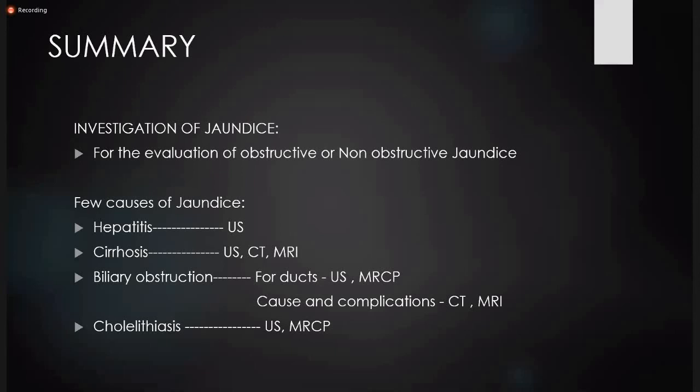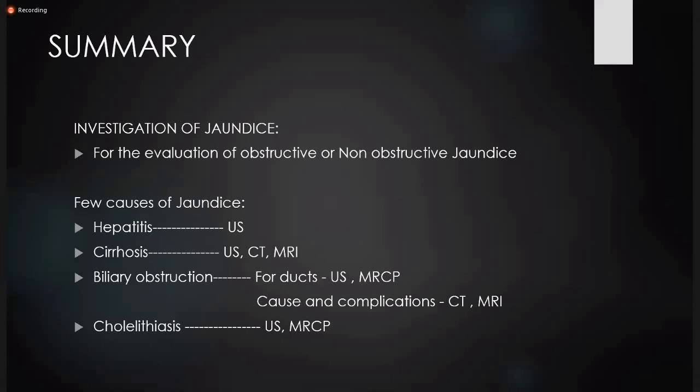If you are prescribing for cirrhosis, first go for ultrasound, and if further characterization is needed, you go for CT or MRI. Biliary obstruction, if you want to see the ducts, you go for ultrasound and then MRCP. But if you want to see the cause of the biliary duct pathology and complications like abscesses, you will have to go for CT and MRI.